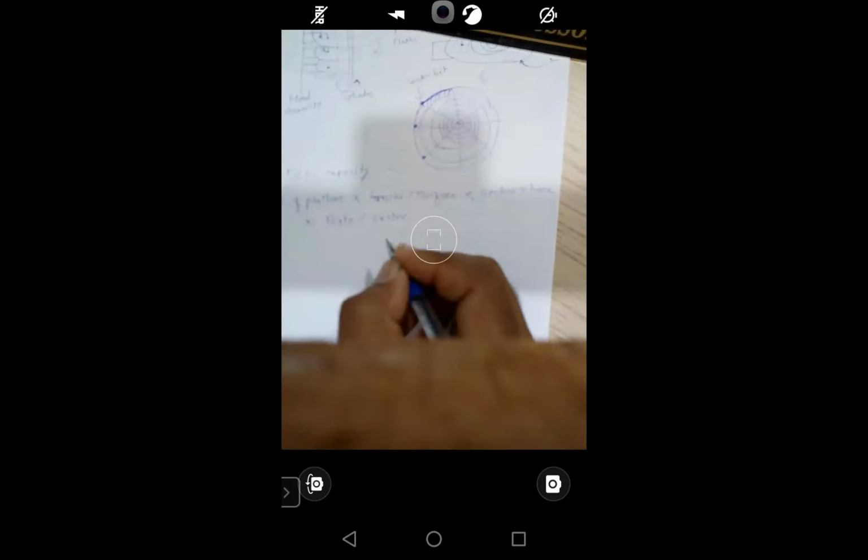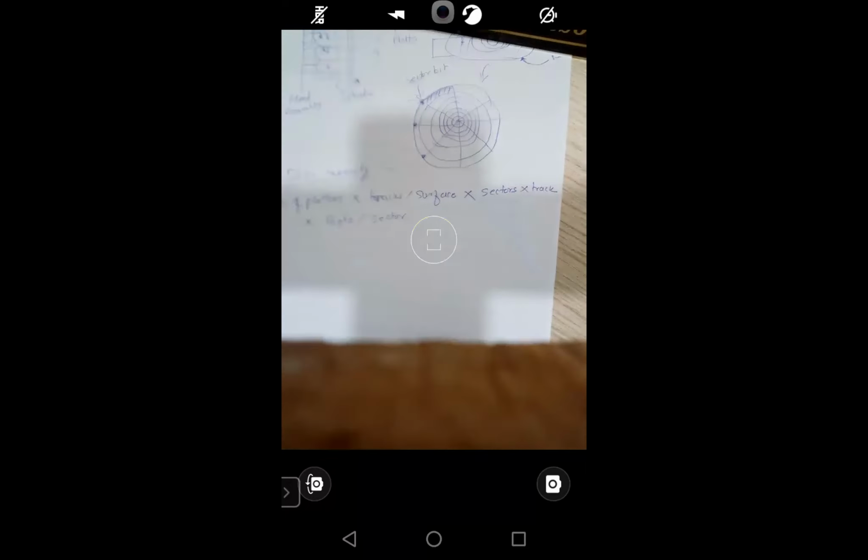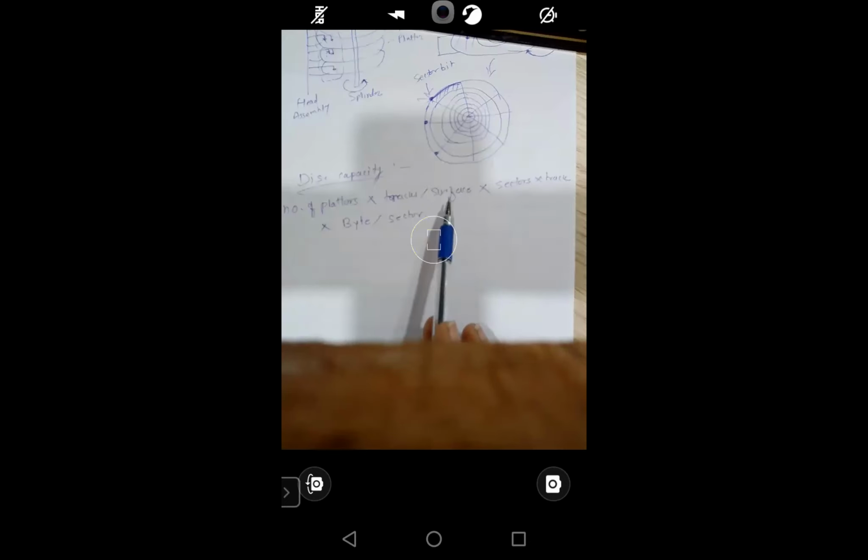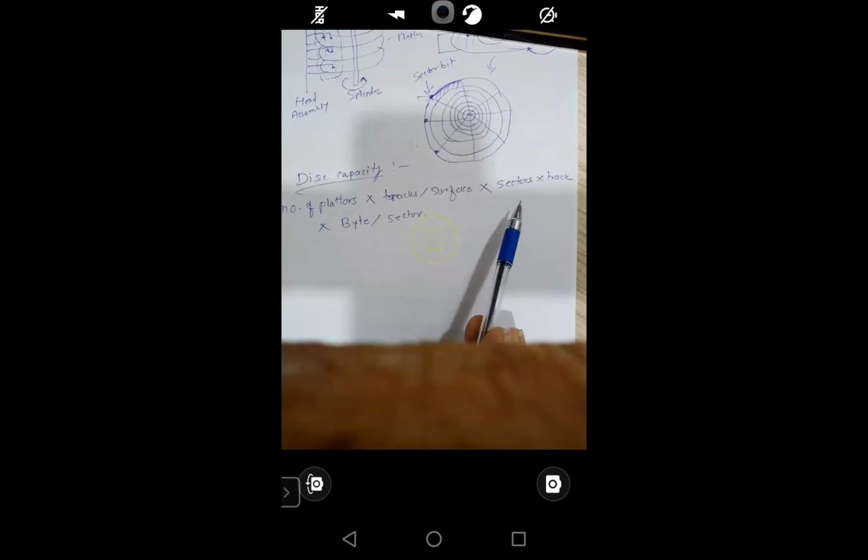This is the formula that you have to note down. By this formula, you can solve any kind of problem. Like if the problem asks how many tracks there are, you can easily count the number of platters into the tracks. And suppose the sectors are asked, how many sectors are there? The formula is number of platters into tracks per surface into the sectors.